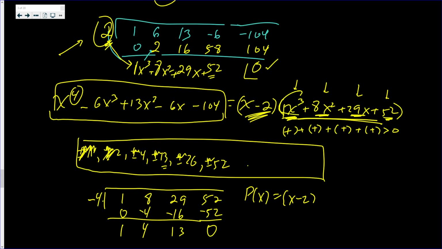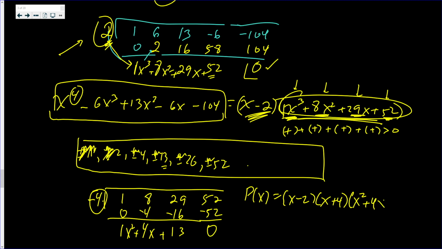Now, I just learned how to factor this. It's going to be x minus that number, because -4 was a 0, so it becomes x plus 4. This is x squared plus x plus 13. So x squared plus 4x plus the number 13.